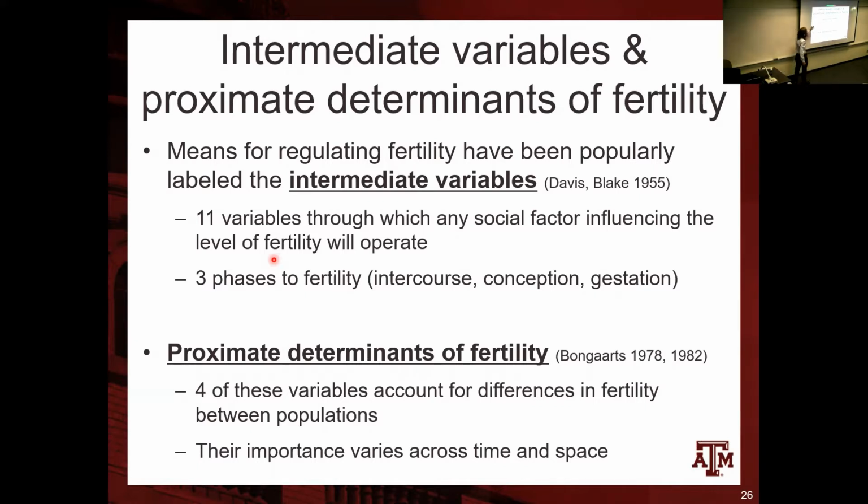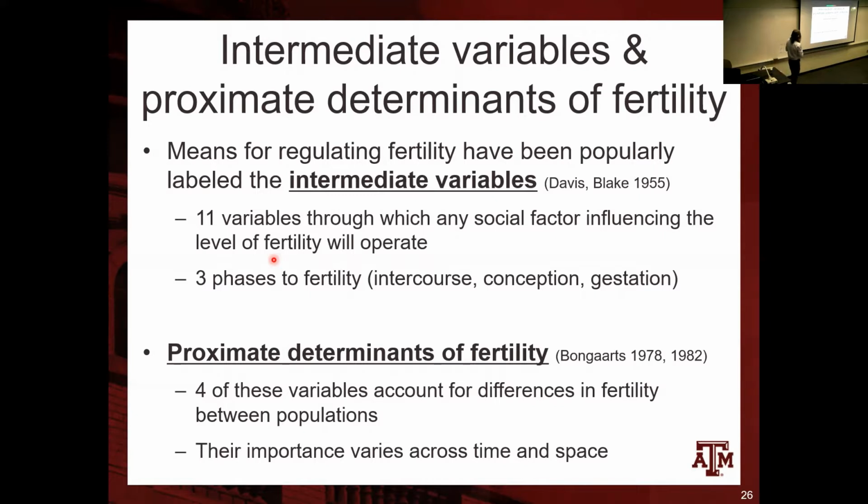And these 11 variables can be organized in three different groups. Variables related to intercourse, pretty much women having sex or the frequency of having sex. Variables related to contraception, and variables related to gestation. So these 11 variables can be organized in these three groups.